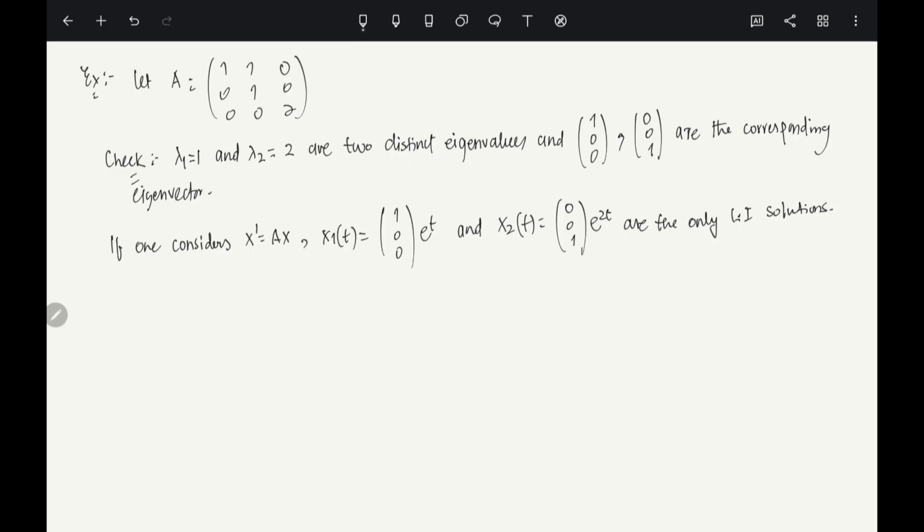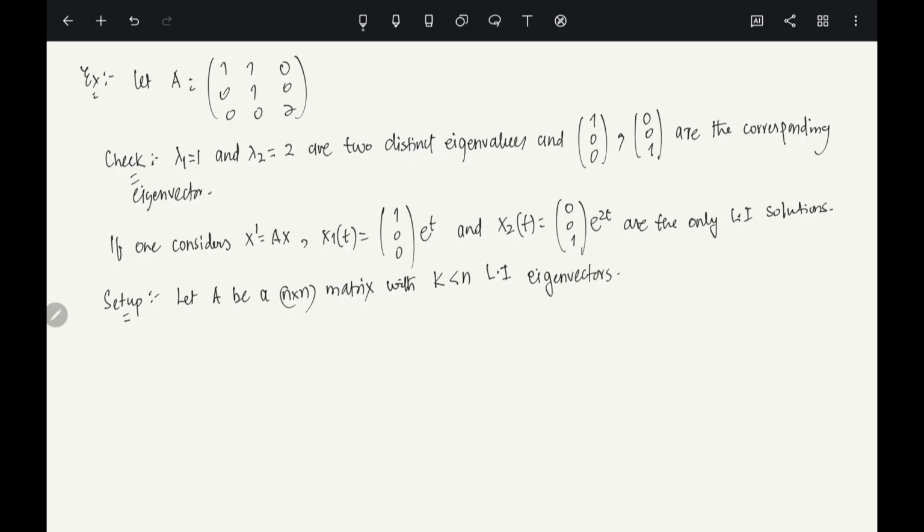So our case, let me put it this way. Setup: let A be an n cross n matrix with k less than n linearly independent eigenvectors.